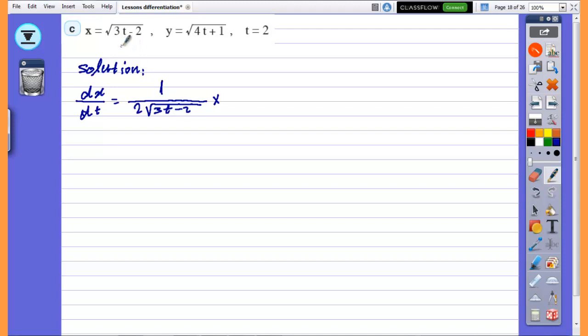The derivative of 3t minus 2 is 3 minus 0, since the derivative of 3t is 3, so we simplify it.